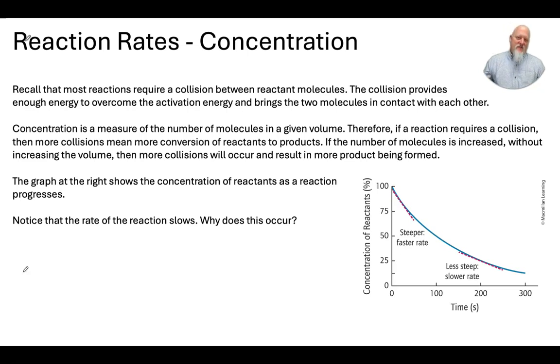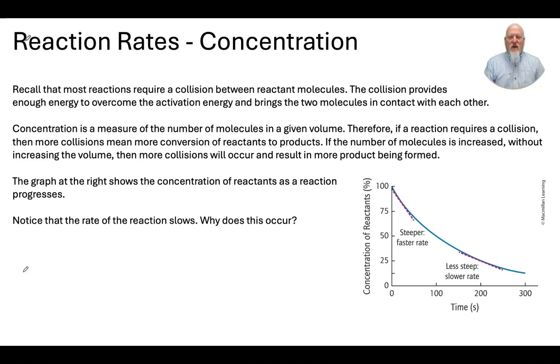Now, if I put 50 more people in there and tell them to do the same thing, I'm going to get quite a few people running into each other, assuming the room's not too big. That's the idea of concentration, because we need to have collisions. The more collisions that occur, the better the chance of a reaction occurring.